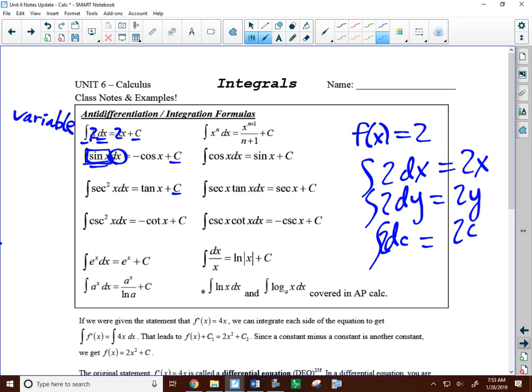Okay, the next one. This right here, it's an important one. This is the antiderivative power rule.